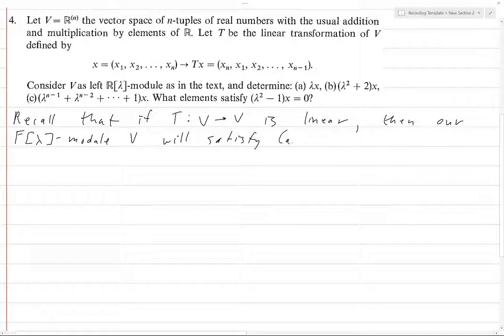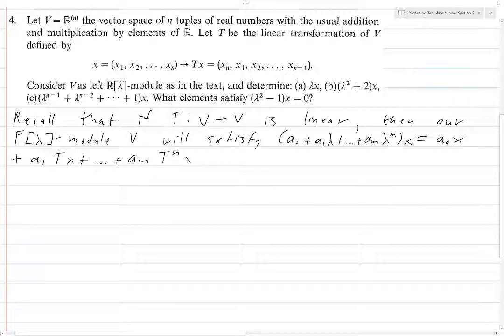so here we take a polynomial a0 plus a1 lambda all the way up to am lambda to the m, applying x to this. This is equal to, we just take a0 x plus a1, and then we apply T once to x, plus all the way up to am, then T applied m times to x.